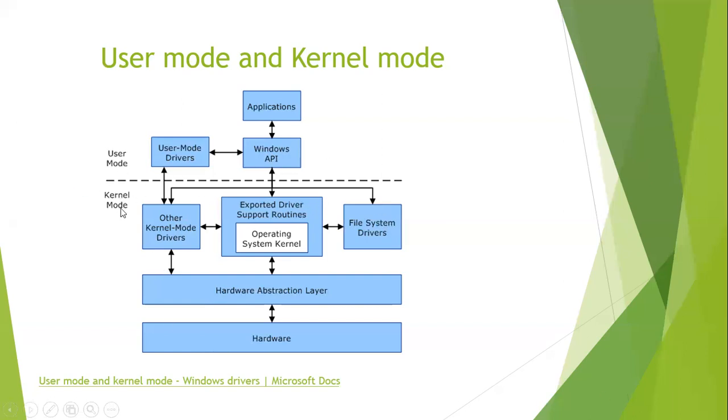So understand that user mode and kernel mode exist even in other operating systems. I don't know about Mac, but at least Linux and Windows have user mode and kernel mode. So user drivers, applications: consider any application, notepad.exe, SQL Server.exe, Paint, MS Excel, MS Office, anything, we consider it as user mode, not scheduler, user mode, right?